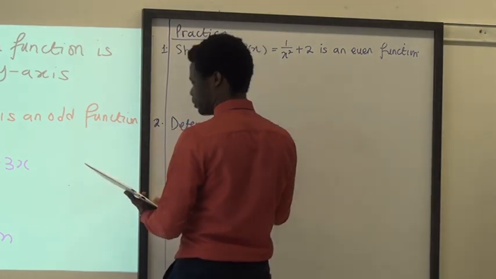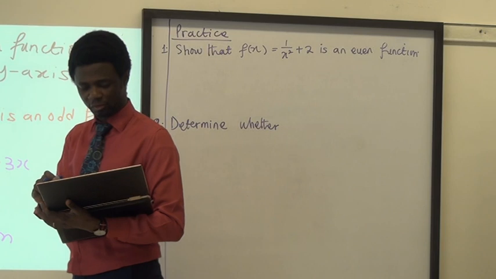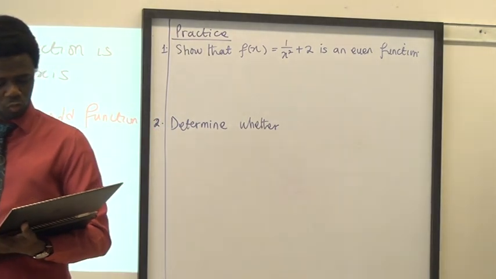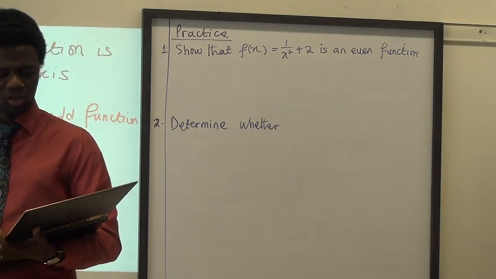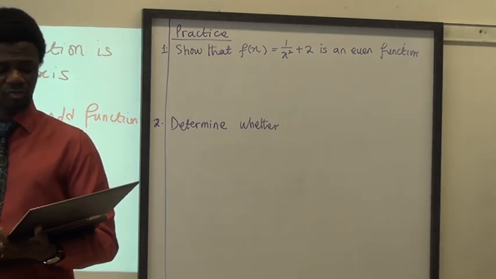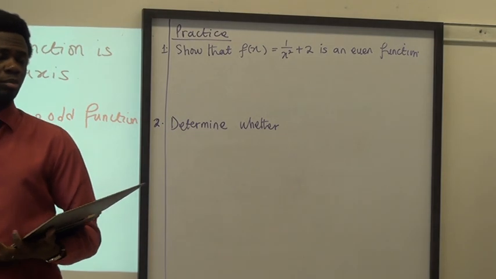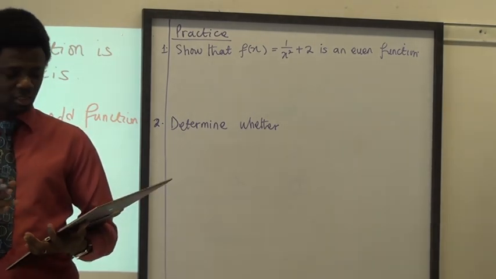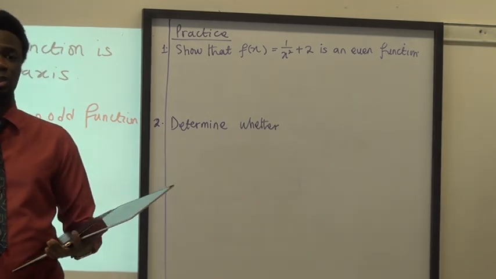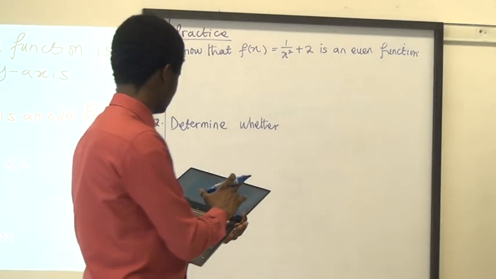If you look at an example given on page 153, look at example 1b. No, 1c. That quadratic function doesn't satisfy the odd property, neither does it satisfy even. That's why it is neither odd nor even. So it's possible you get that. Okay?